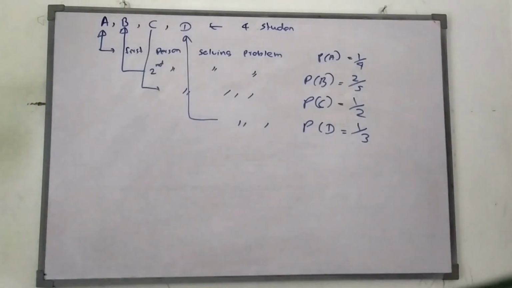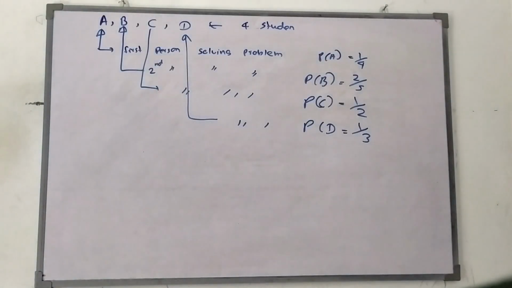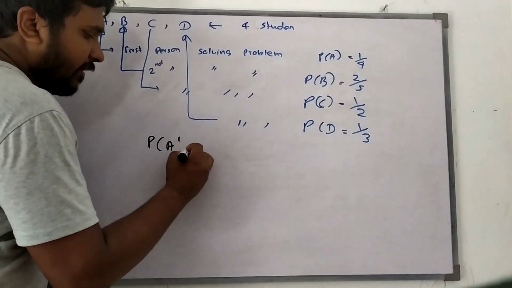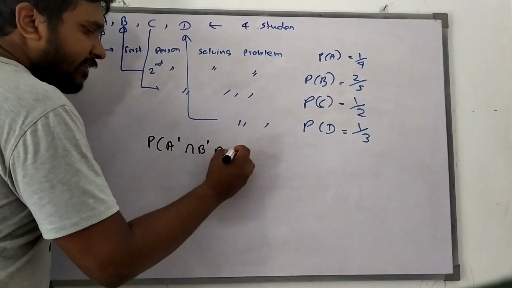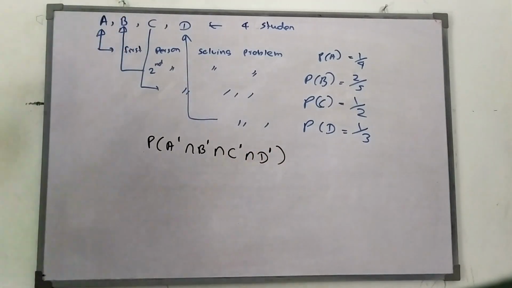We need to find the probability that the problem will be solved. I'm considering the not solved part first: P(A dash intersection B dash intersection C dash intersection D dash). This means no one solved the problem.